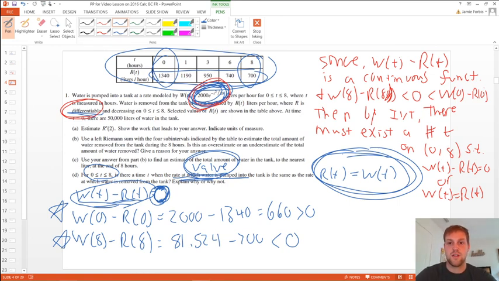Then we did the criteria for the intermediate value theorem, then our then statement, and stated the conclusion that there's got to be some number t on the interval 0 to 8 such that the difference is equal to 0, or W of t equals R of t. So that was a little more fun of a problem, but anyway.